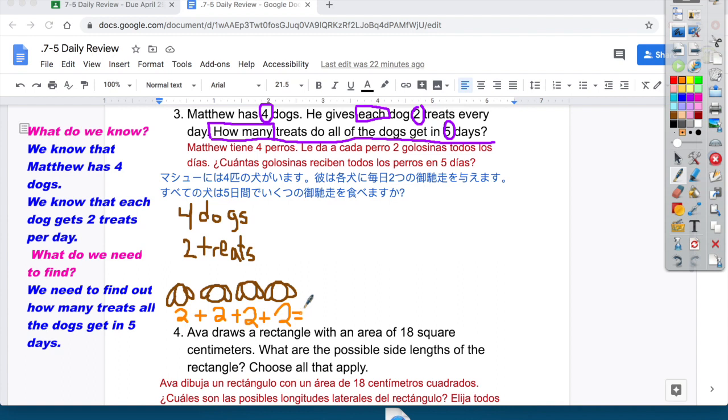Correct. 8 treats. Or, since multiplication is repeated addition, we can do multiplication. 4 times 2 is 8. So it's 8 total treats.